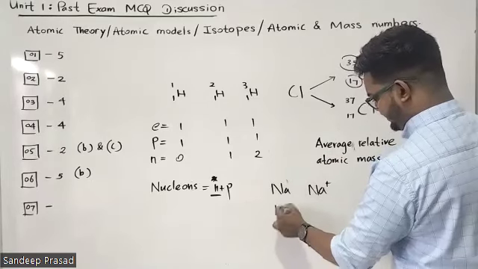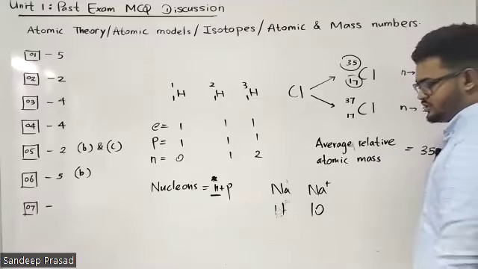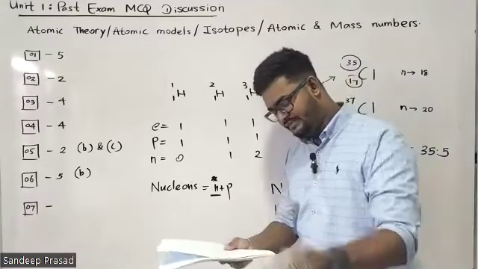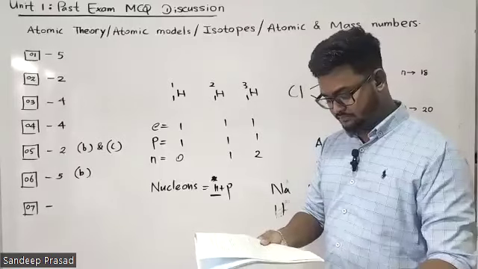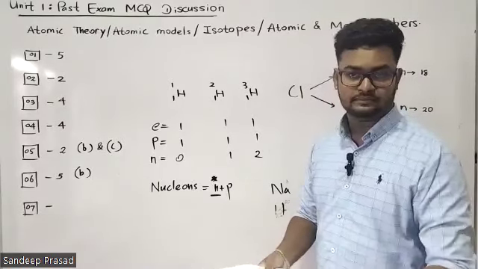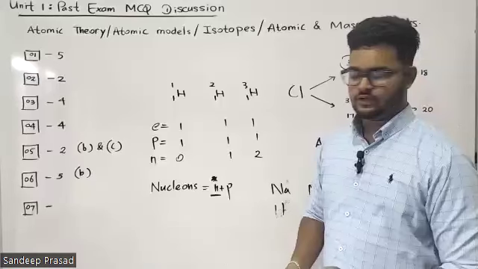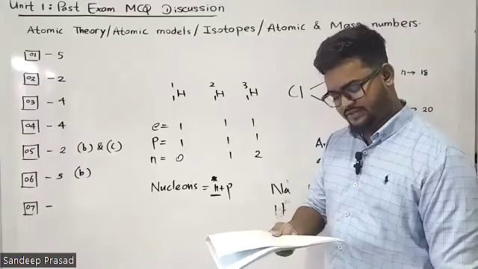Number of electrons here 10, 11, and here we can say 10. But look at this one: in an element, the atomic number is equal to the number of electrons it has in an atom. Yes, when you consider an atom, that is correct. So therefore 5 is also correct.